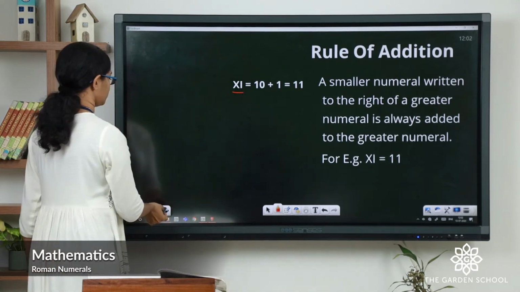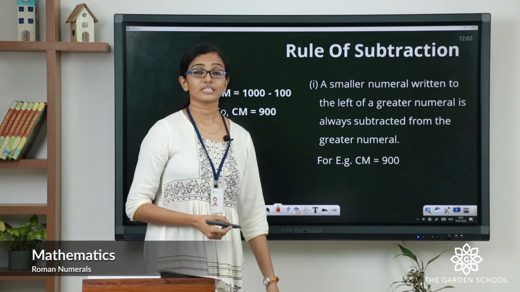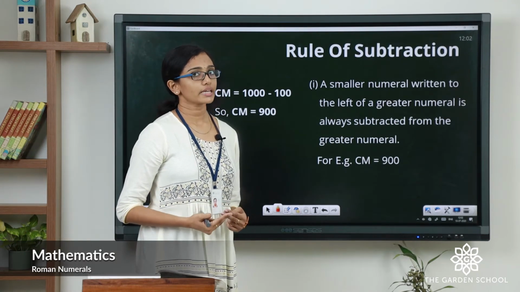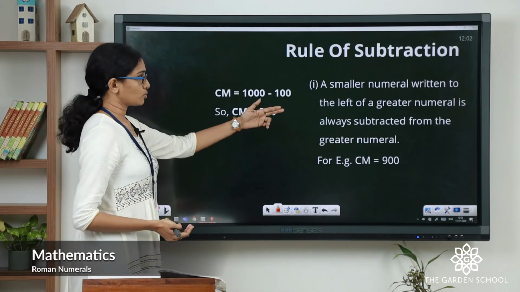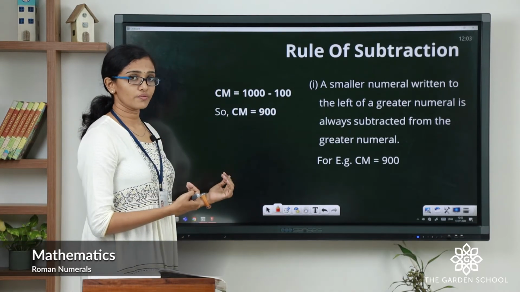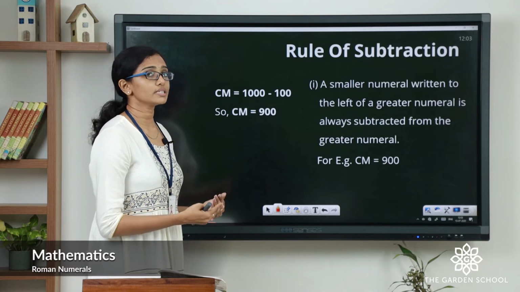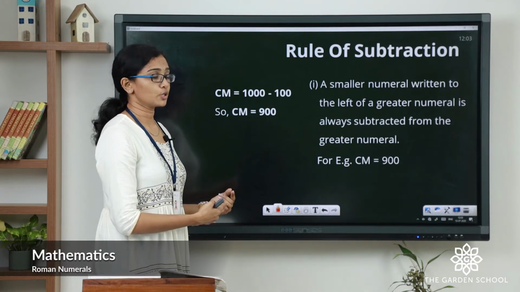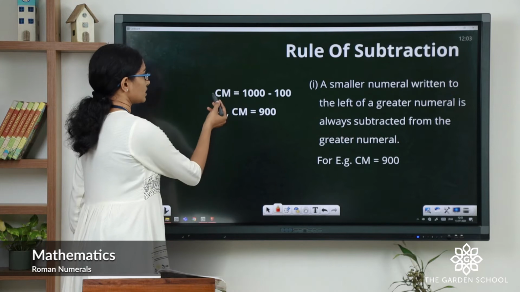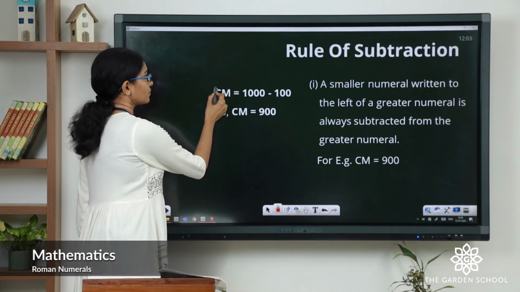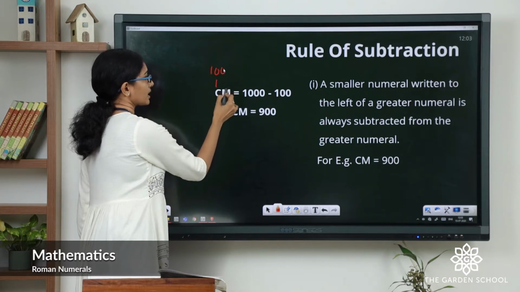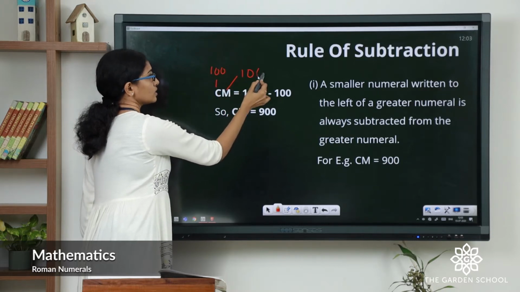Now, let's see the rule of subtraction. There are two cases for the rule of subtraction. This is the first case. A smaller numeral written to the left of a greater numeral is always subtracted from the greater numeral. Look at this example. Here you have CM. C represents a value of 100 and M represents a value of 1000.